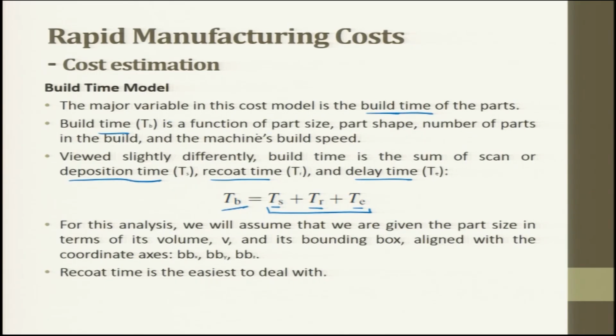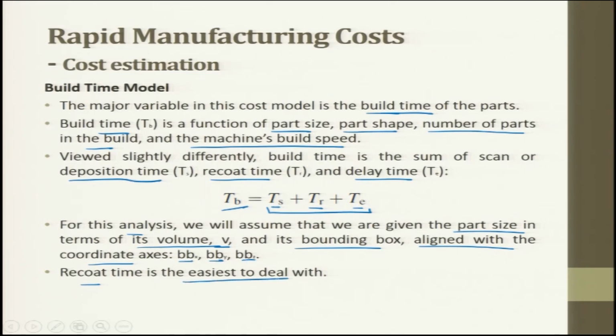Build time is a function of part size, part shape, number of parts in the build and the machine's build speed. These three different times are added to get the total build time: deposition time, recoat time and delay time. For this analysis, we will assume that the part size is in terms of its volume and its bounding box aligned with the coordinate axes, that is BBX, BBY and BBZ, three different axes.